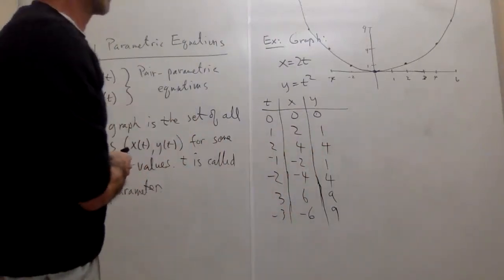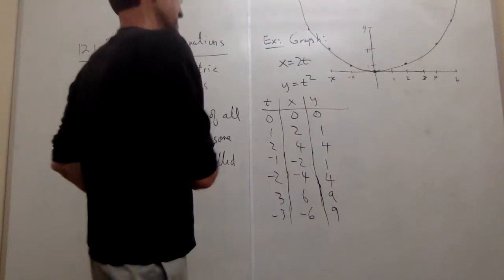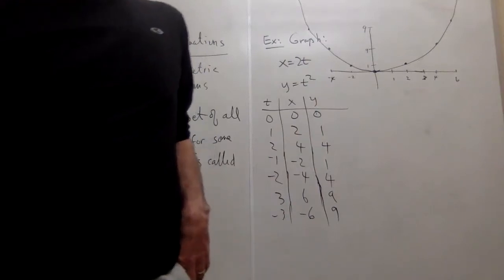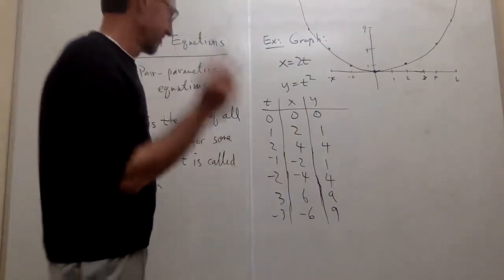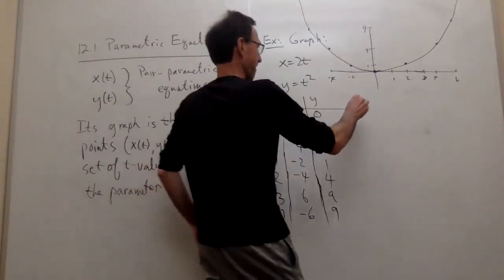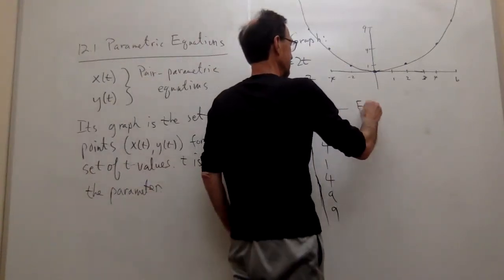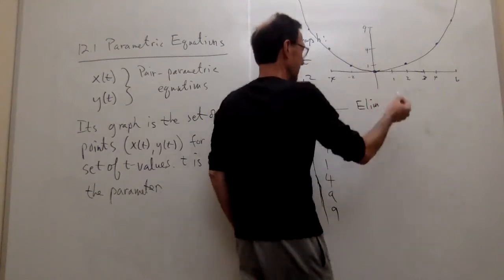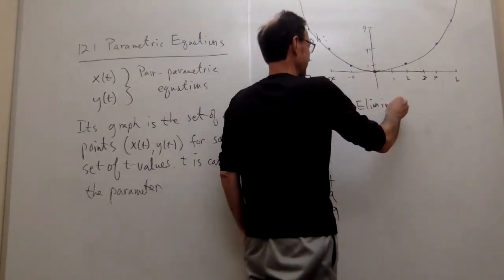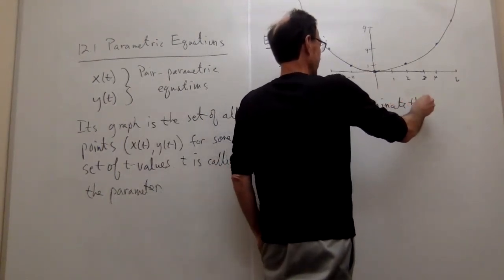And I'll draw the parabola in. And so, is there something we could prove that's true? There absolutely is. A useful thing for us to do, we won't do this all the time, but sometimes we can do it. We'll call it eliminate the parameter.